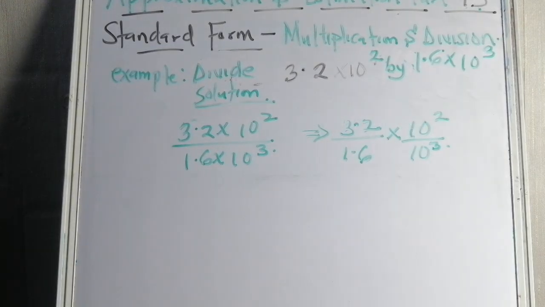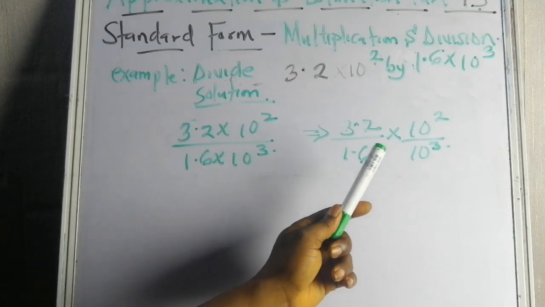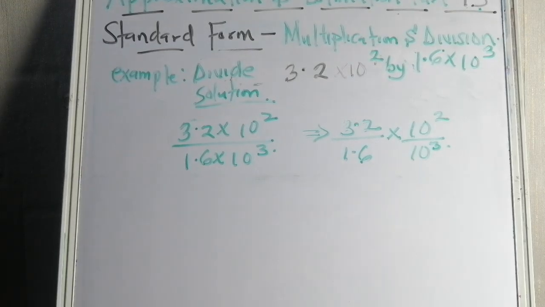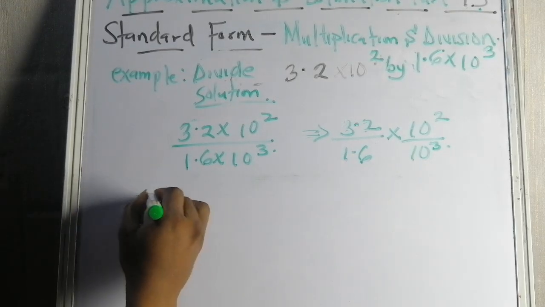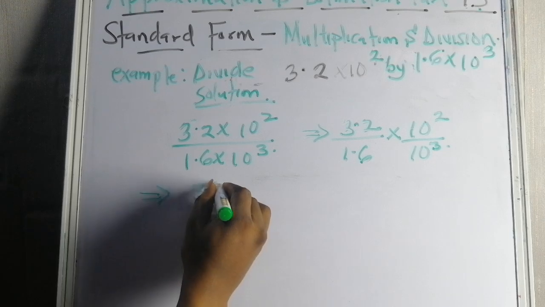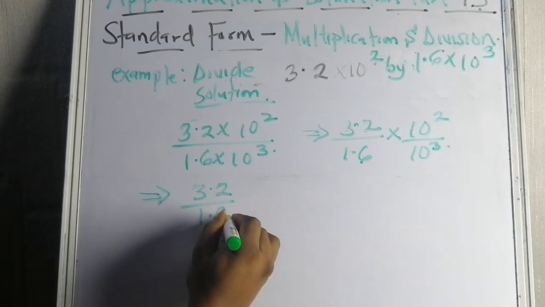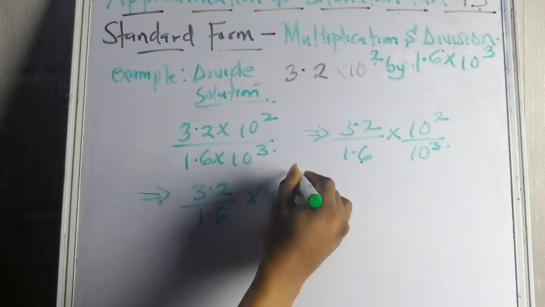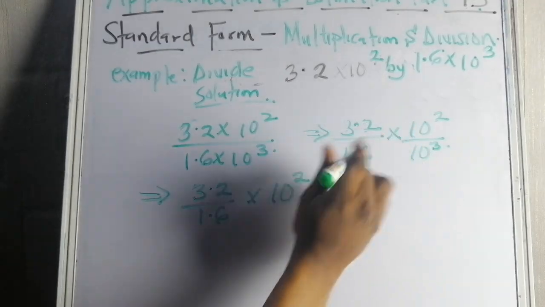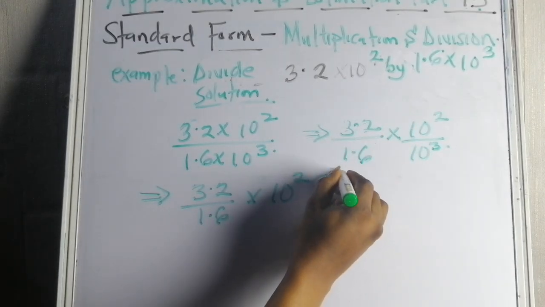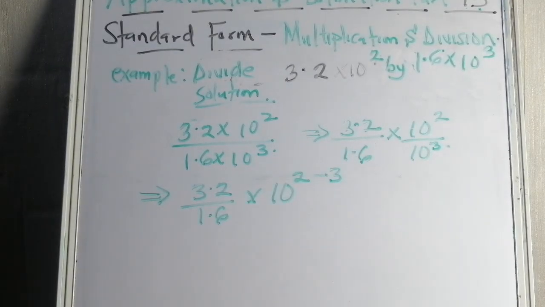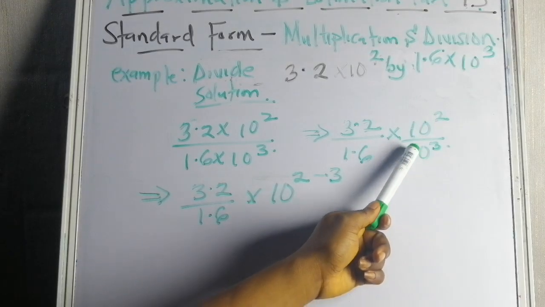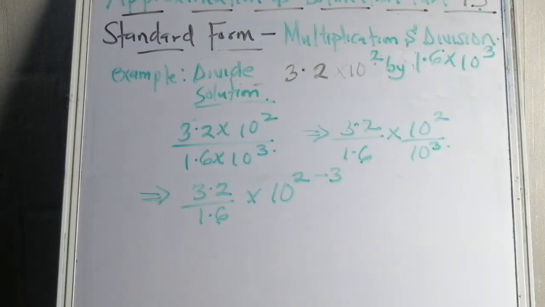The other one we applied under multiplication is the multiplication law of indices. But in this case now, it is division law of indices. So that implies that you can have 3.2 over 1.6 times 10 raised to power 2, take one base and subtract the power, minus 3.